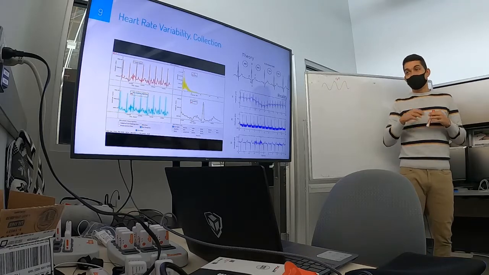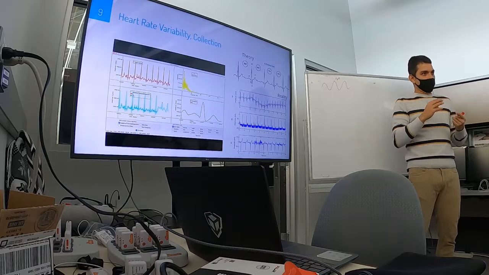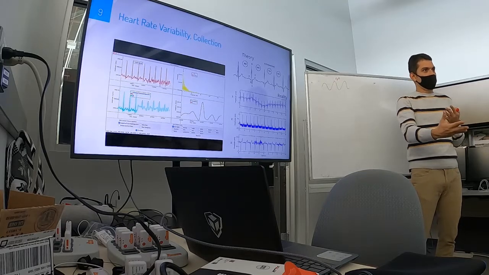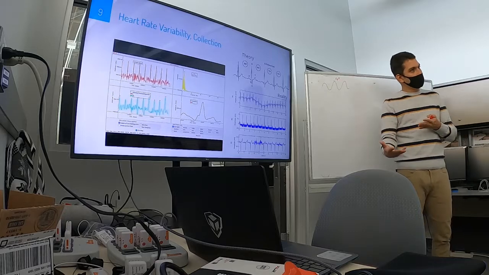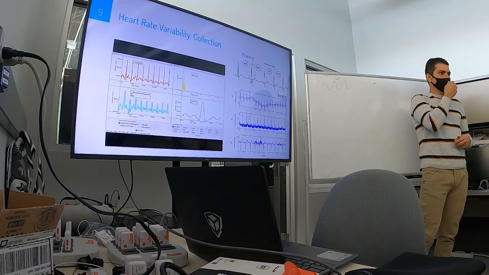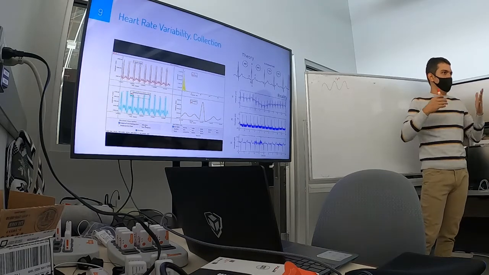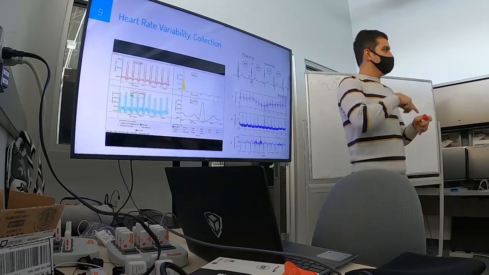But heart rate variability analysis using PPG is more like a secondary thing. So it's more accurate if you do it with ECG. You can also do it with PPG, and depending on the type of application, the accuracy wouldn't matter a lot. I think we tend to focus a lot on, okay, how accurate is the sensor?